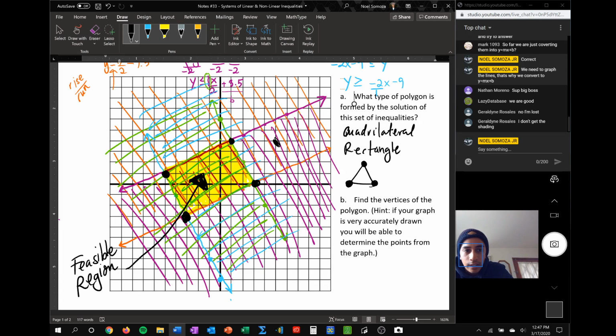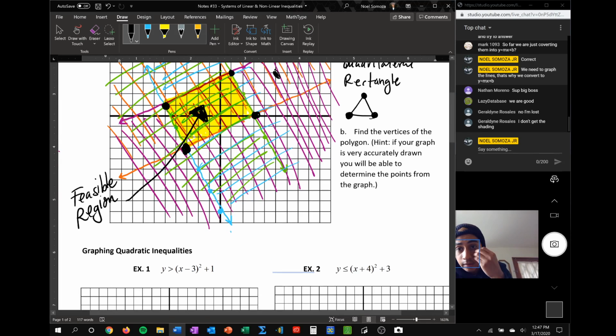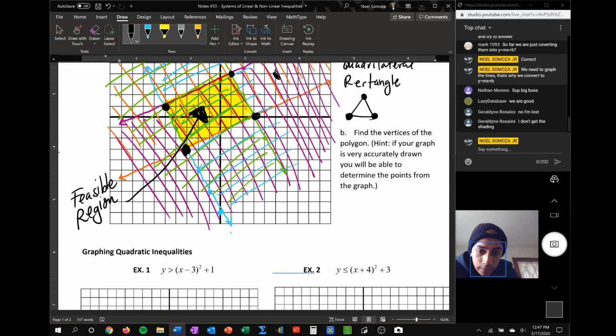You don't get the shading. Let me break it down real quick down here. Let's say something simple, so y is greater than x plus 2. You have to read this inequality starting with y. So y is, and then you read this.